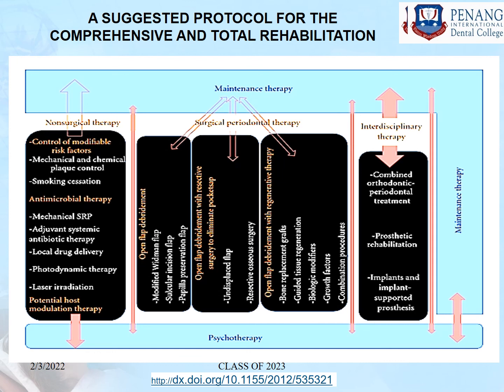If this is not possible, then you go to the surgical periodontal therapy, which includes a wide range of surgical therapies, which we will be dealing with in individual classes in later years of your study. And last comes your maintenance therapy. Maintenance therapy is considered to be the heart of your periodontal therapy. So you go in a sequence while you're doing your therapy.